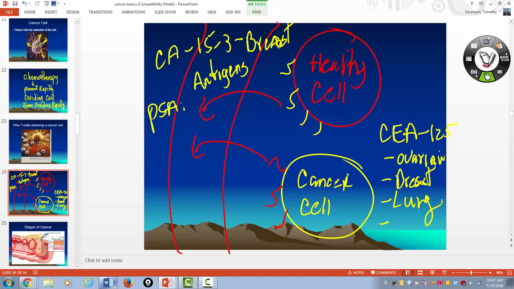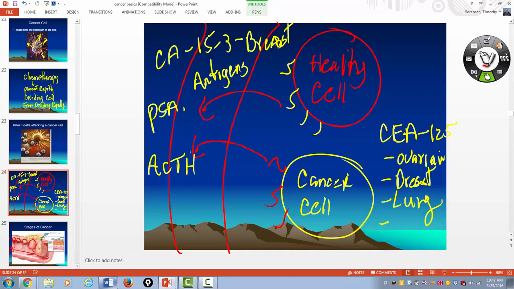Now, a couple of other things. In some lung cancers, the cells divide out of control. They're goofy. They're making goofy proteins. One of the things that lung cancer cells can produce is the hormone ACTH, adrenocorticotropic hormone.